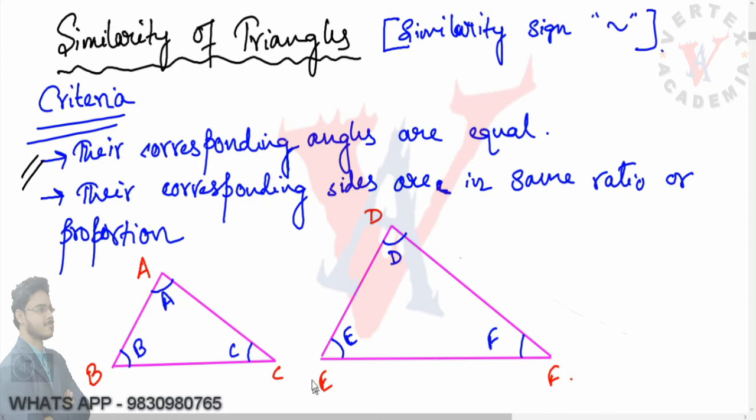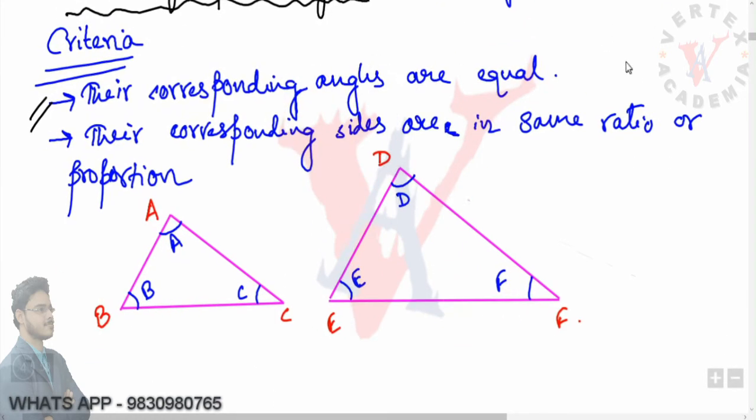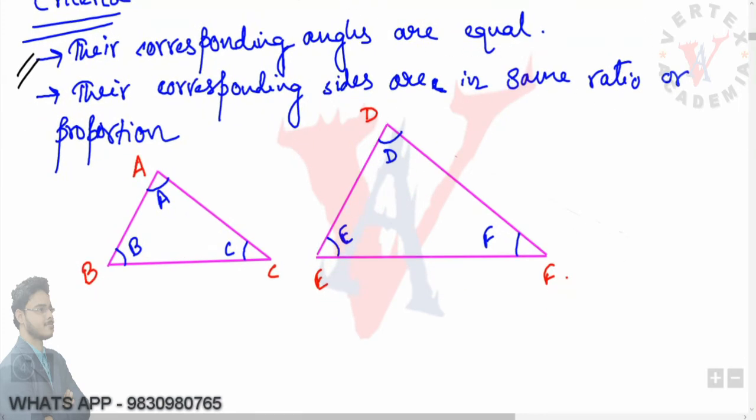The first thing, their corresponding angles are equal. These are two triangles, triangle ABC and triangle DEF. These triangles will be similar when their corresponding angles are equal.